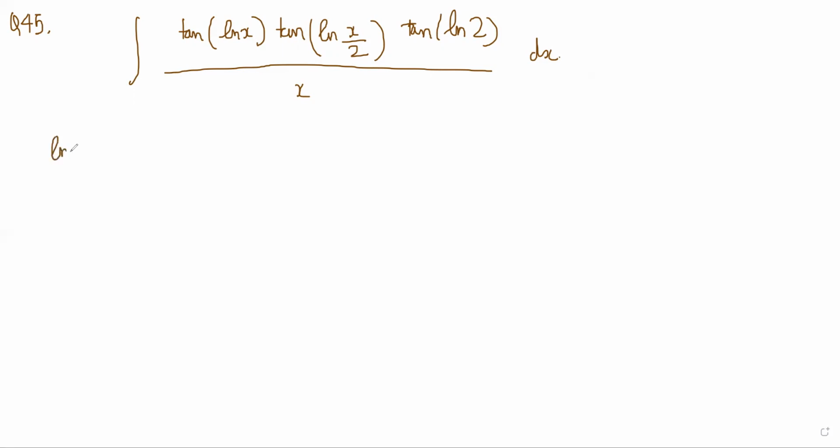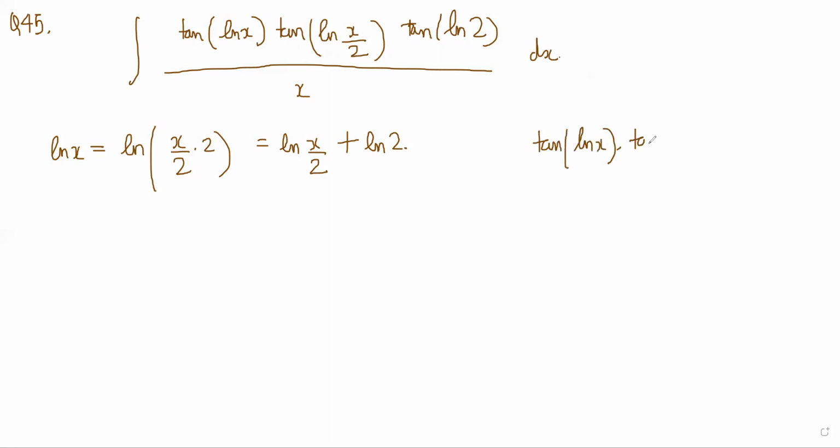Now we know that ln x is equal to ln x by 2 into 2, that is ln x by 2 plus ln 2. But we have here tan of ln x multiplied by tan of ln x by 2.